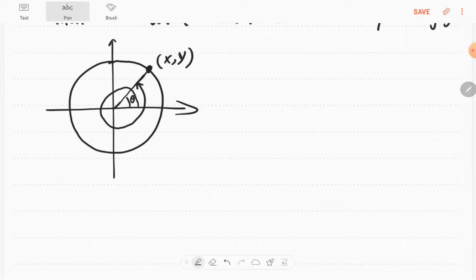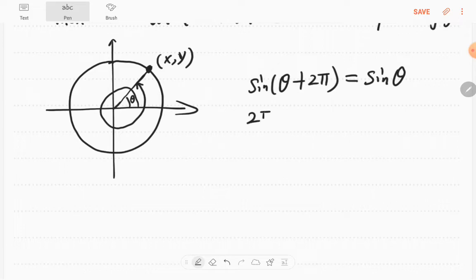So this is the smallest number. We add 1 revolution. This is the smallest number we can take, right? If we add a number which is less than 1 revolution, we may not get the same point. So the sine, same value, not the same point, same value. So sine of theta plus 2 pi is equal to sine theta, and this 2 pi is the period of the sine function.